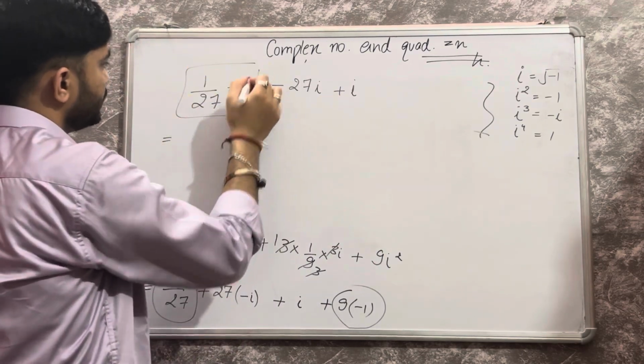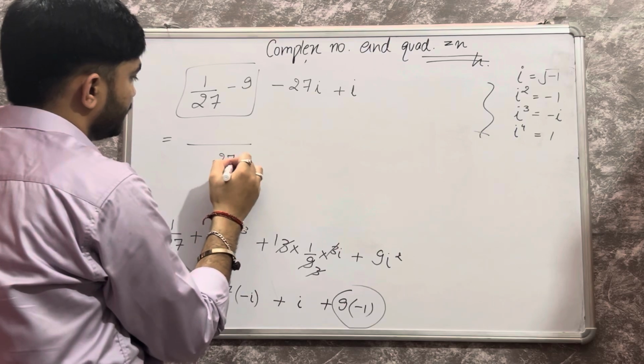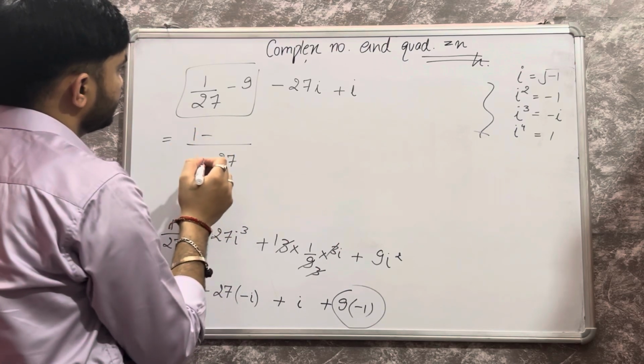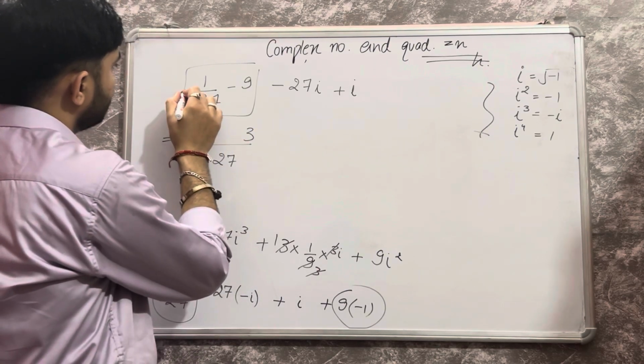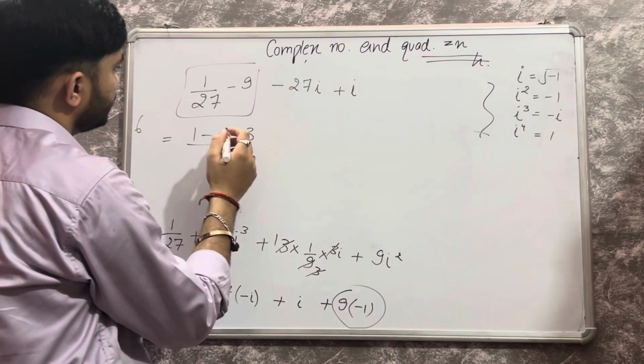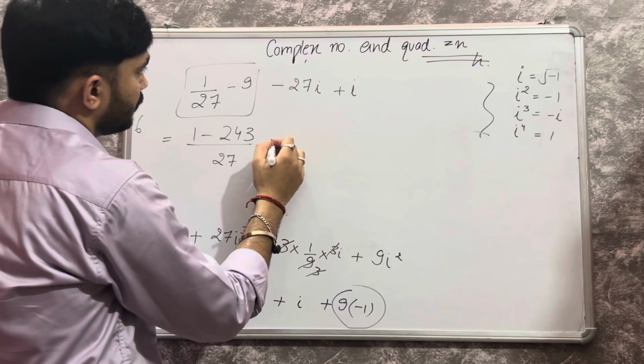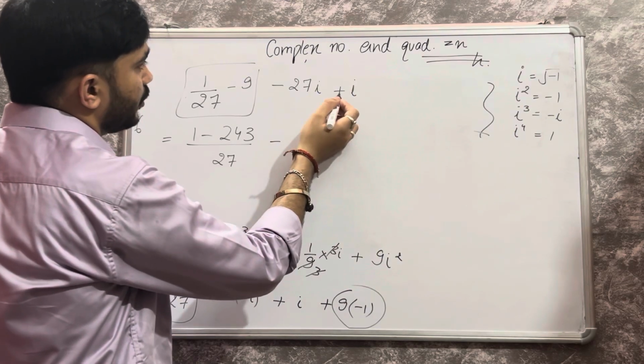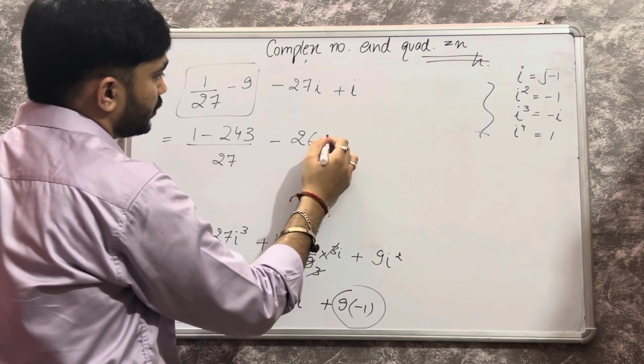Take the LCM of this, the LCM will be 27. 1 minus 243, minus 242 divided by 27, minus 27 iota plus iota is minus 26 iota.